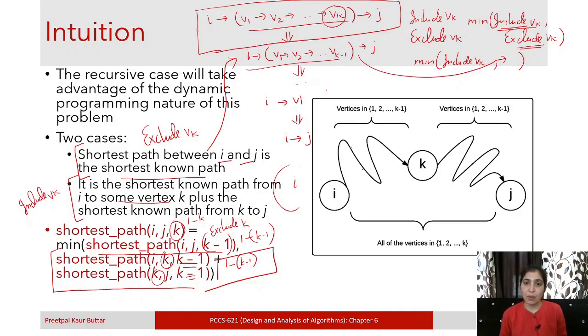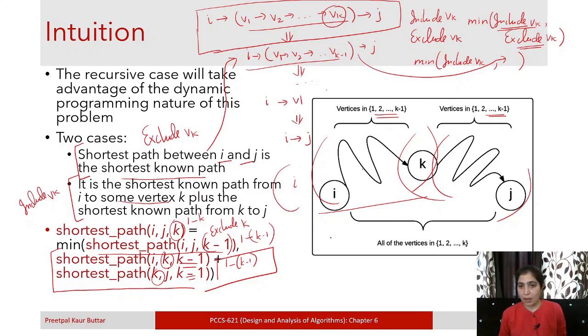The first subproblem considers the path from i to k, and the second subproblem considers the paths from k to j. The intermediate vertices here are 1 to k minus 1.